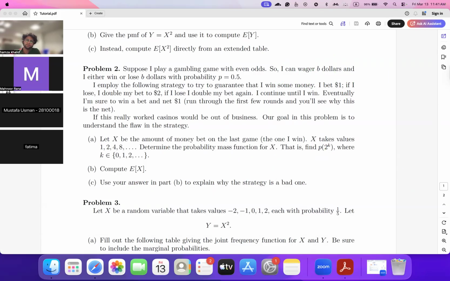Because my expectation is infinity, this turns out to be infinity. So I need an infinite amount of money in the bank to pretty much win $1.